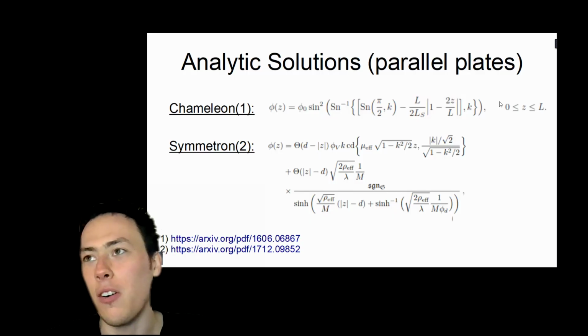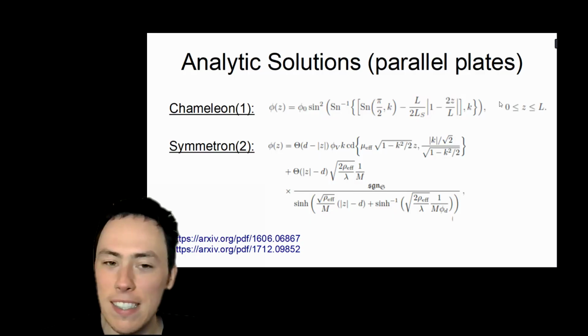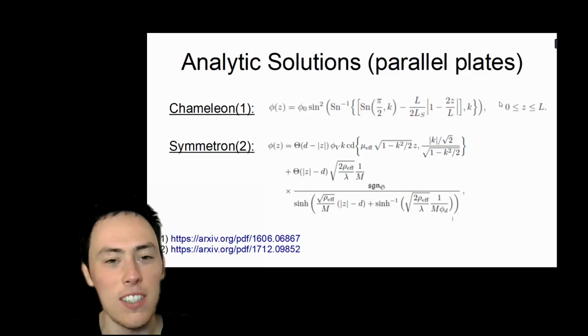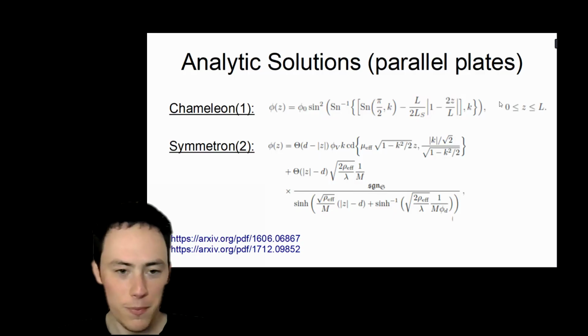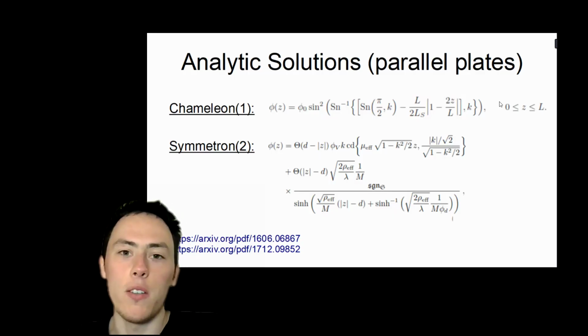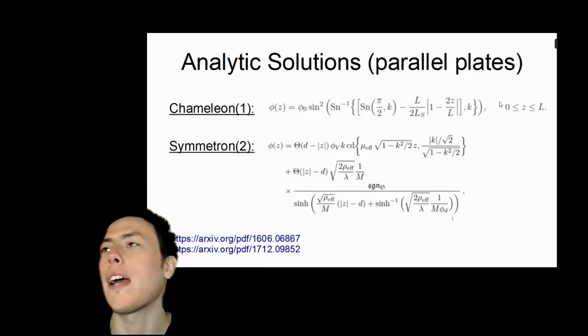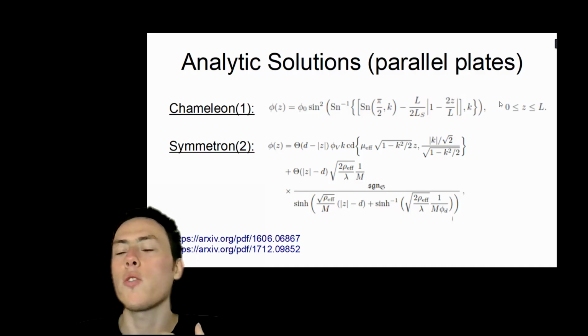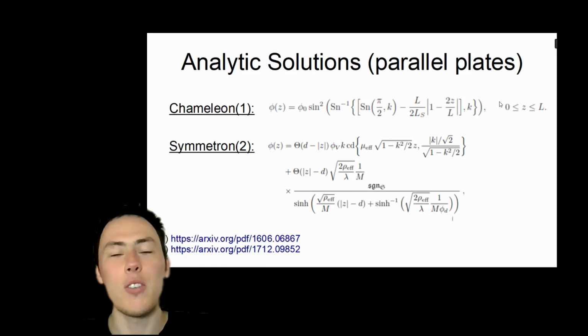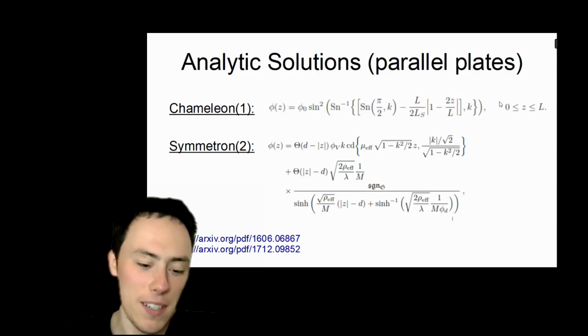For the chameleon, there are approximate analytic solutions for things like spheres and cylinders, but no exact solutions. And so this is arguably a problem, as we have exchanged our ability to solve the equations for the nonlinearities, which give us the screening mechanisms in a way.